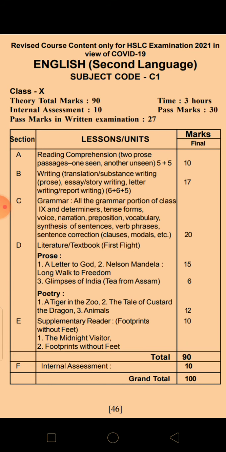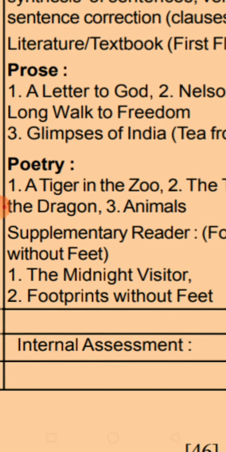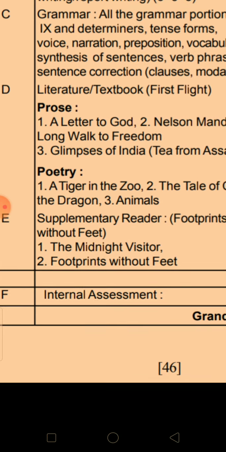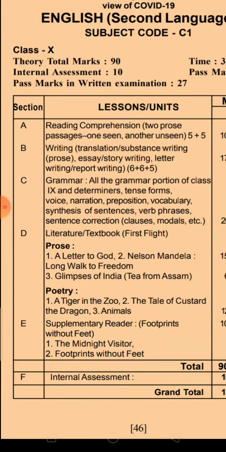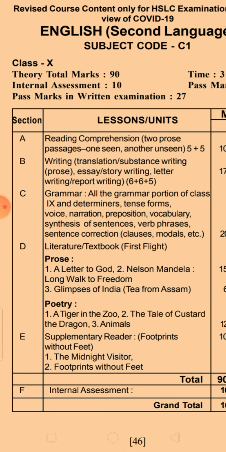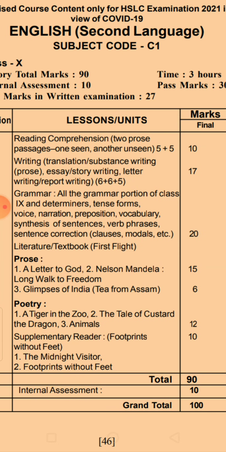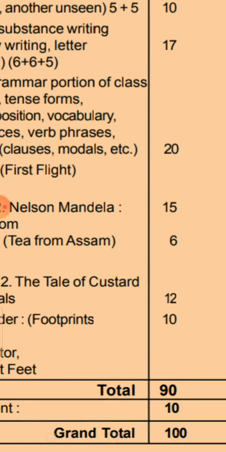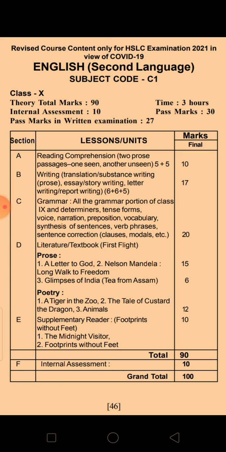Then moving on to your supplementary reader, Footprints Without Feet, you would have The Midnight Visitor and Footprints Without Feet, which are the two texts you need to study, with all the NCERT questions, which would carry 10 marks. And as you see, the total there is 90. So that is all for your class 10 English second language.